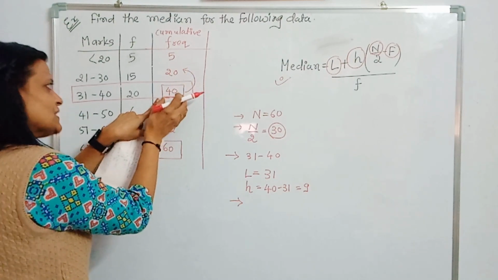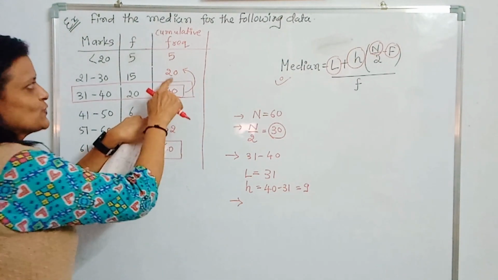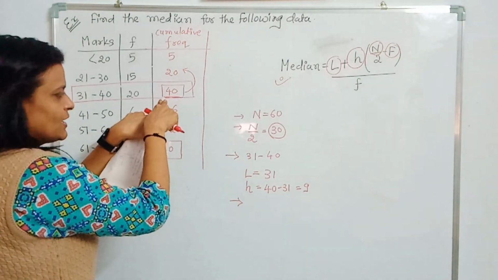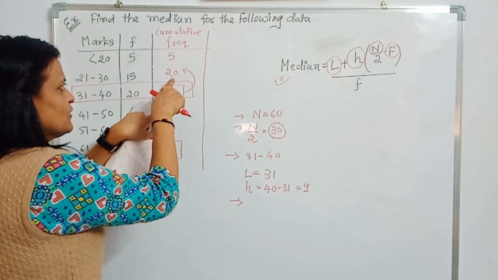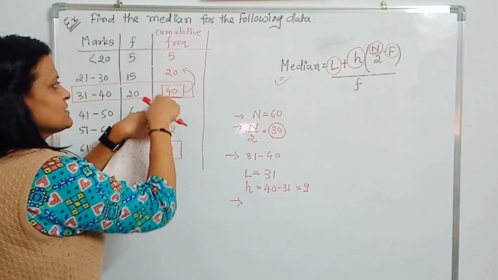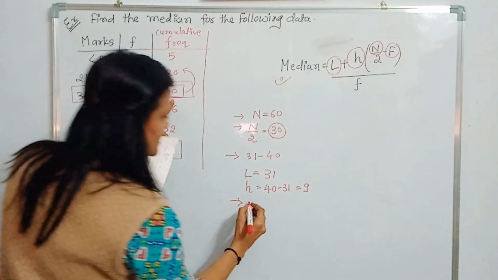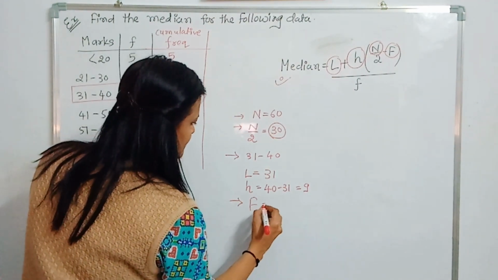Now capital F is the cumulative frequency preceding the selected cumulative frequency. Our selected cumulative frequency is 40, and the cumulative frequency preceding it is 20. So here capital F will be 20.